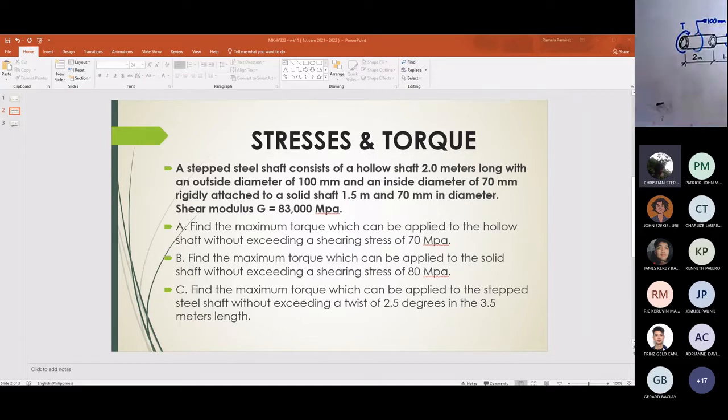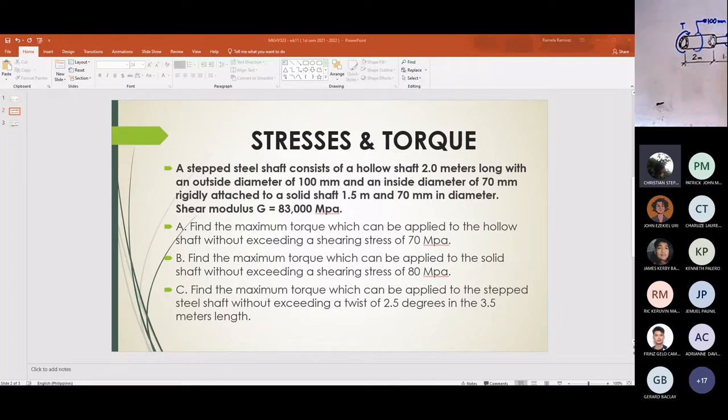And the second one is the maximum torque naman dun sa solid shaft without exceeding a shearing stress of 80 megapascal. And the last question is that we have to find the maximum torque which can be applied to the step steel shaft without exceeding a twist of 2.5 degrees in the 3.5 meters length.